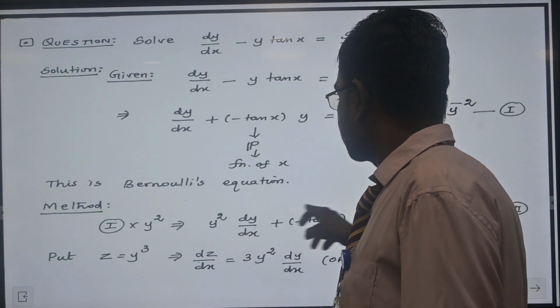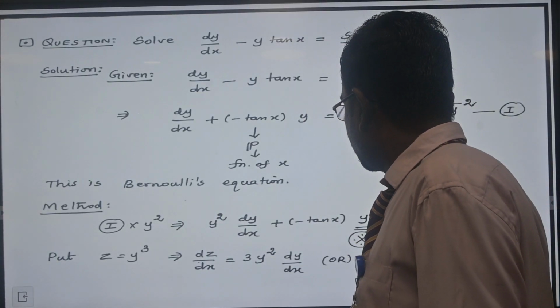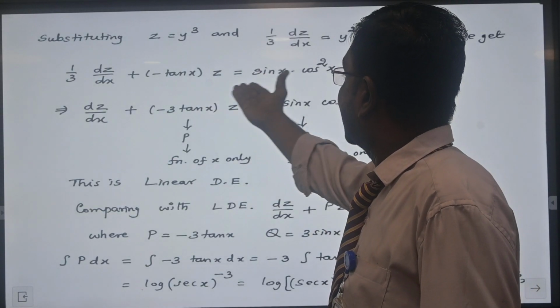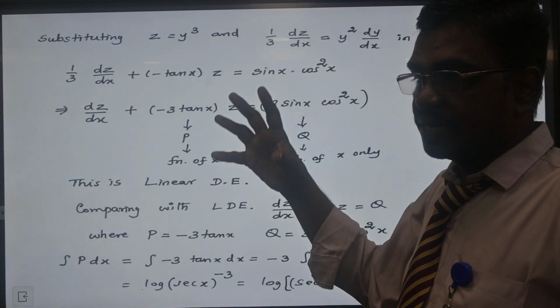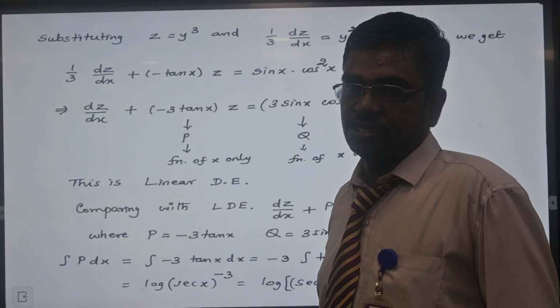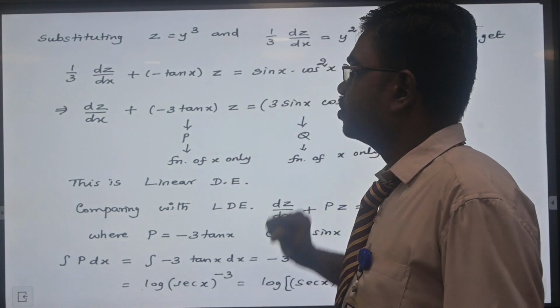So substituting here, y square dy by dx is 1 by 3 dz by dx, and y cube as z. This equation changes into a linear differential equation. So from Bernoulli's equation, we convert to a linear differential equation, where this is a function of x, and this is also a function of x.